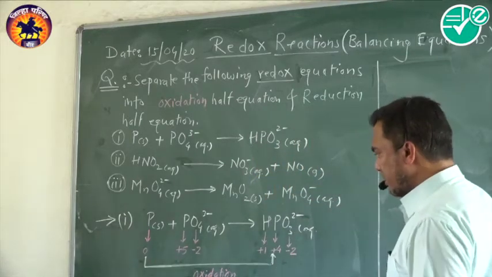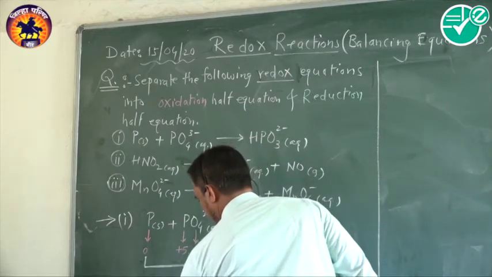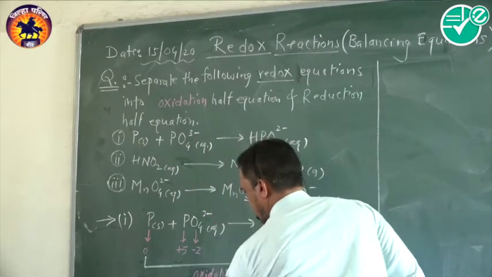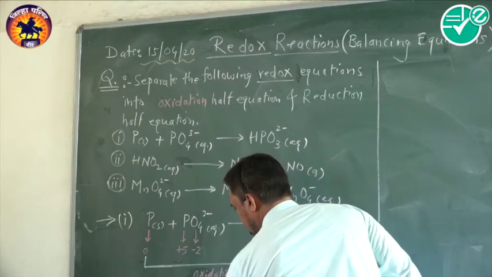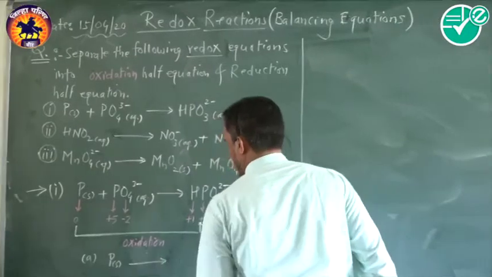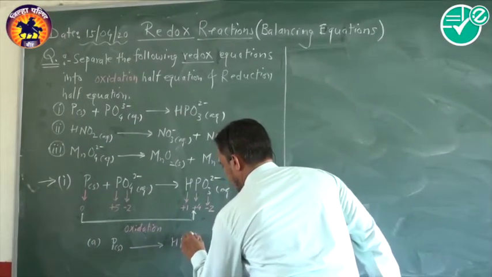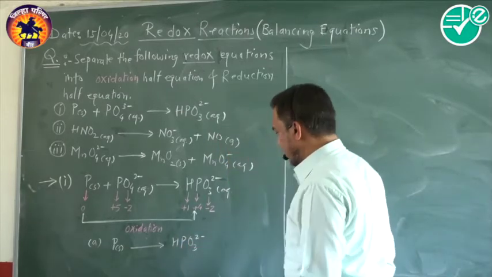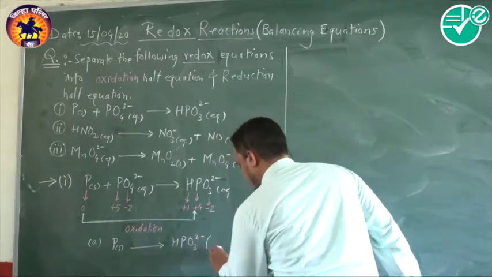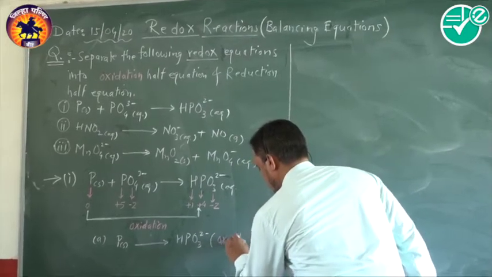So we write the oxidation half reaction: phosphorus whose oxidation state is 0 changes to phosphorus with oxidation state +4 in HPO3 2-. This reaction is the oxidation half reaction.